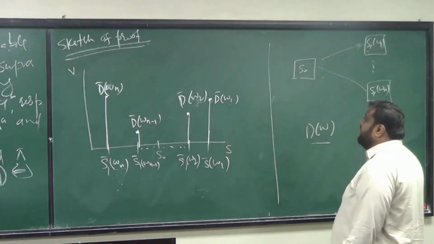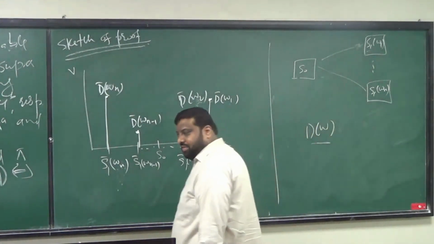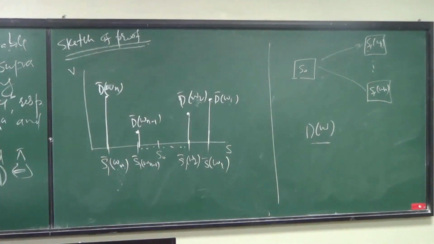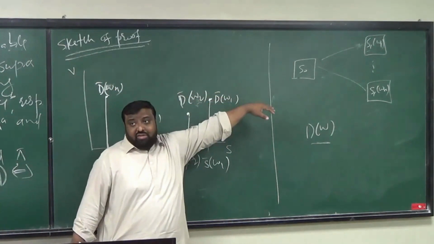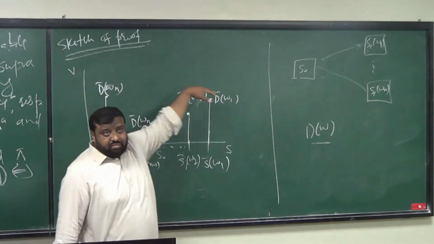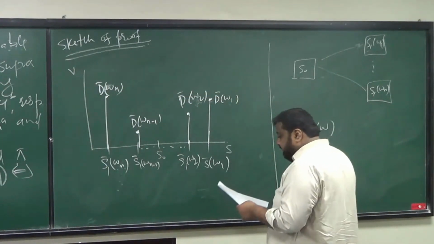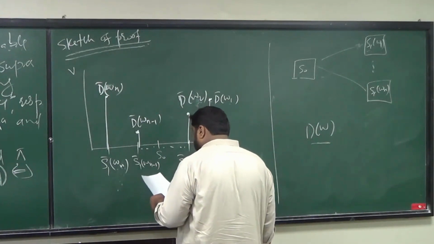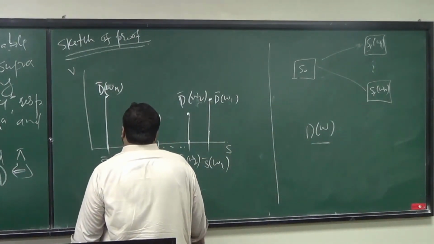Now, I want a super replicating portfolio. So what should that super replicating portfolio do? It should be greater than all, it should be above all these points. You need to also keep in view that it should be above all these.